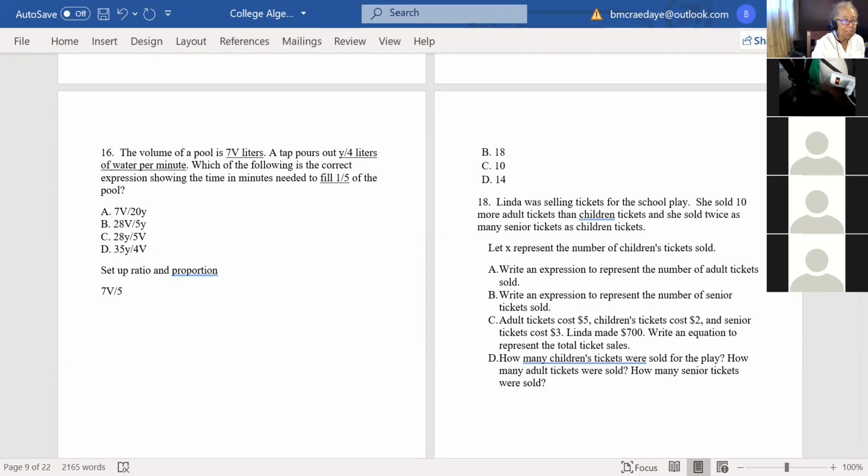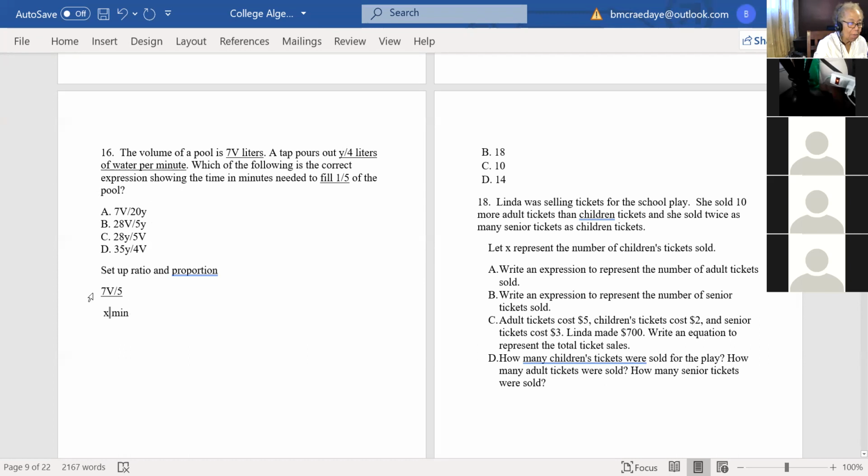The 5 is for the 1/5 because you're only filling up 1/5 of the pool. So you're trying to find how many minutes it takes to do this. So this is over what? This is your unknown here. I'll just call it X minutes. X, okay, this is little x.